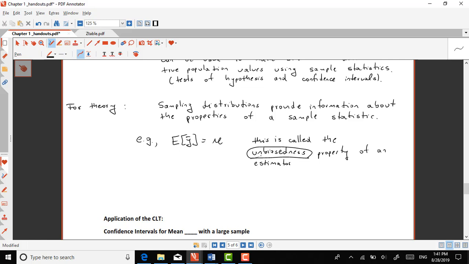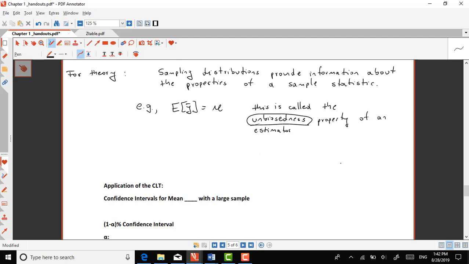What we're saying is that the sample mean is an unbiased estimator of the true population mean. So in our context, what this is telling us is that the sample mean is an unbiased estimator of the true population mean.